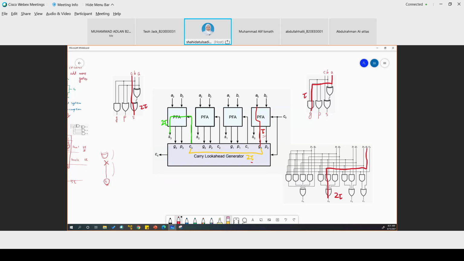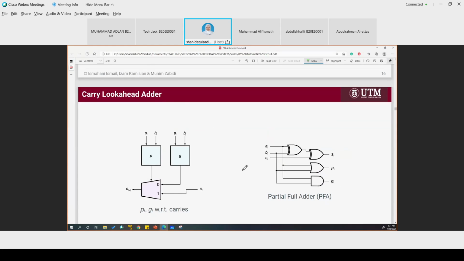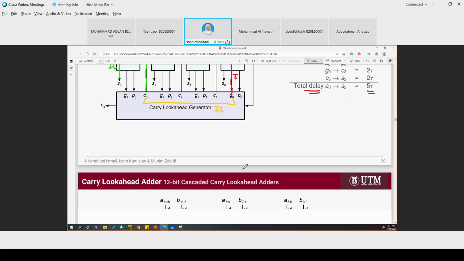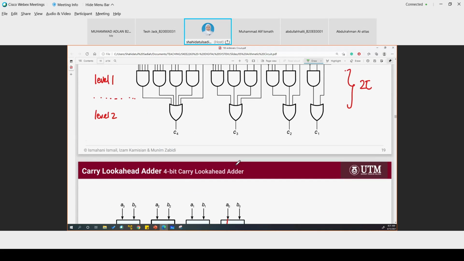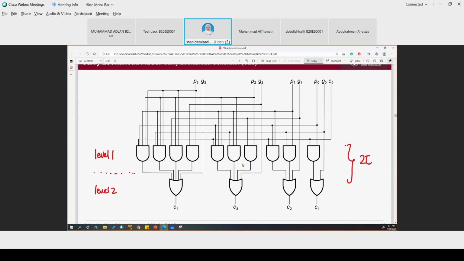The 4-bit carry look ahead adder has the delay of 5 tau. We've done that last week, and then we knew that this is not the best solution because why? One, we are adding more gates.